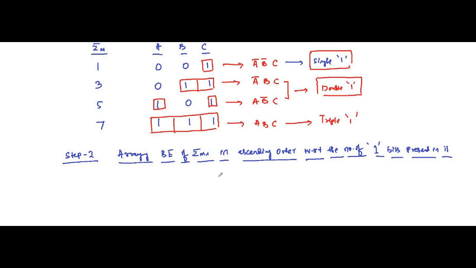So here we'll be forming a table, let's call it table 1, where we have arranged all the minterms in ascending order depending on the number of 1 bits that are present.